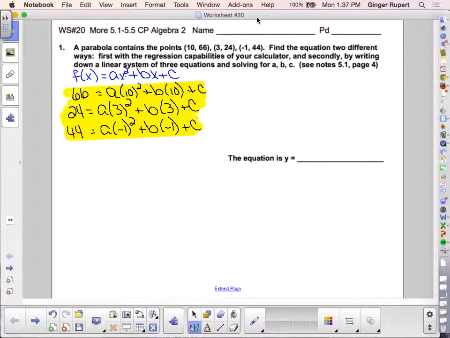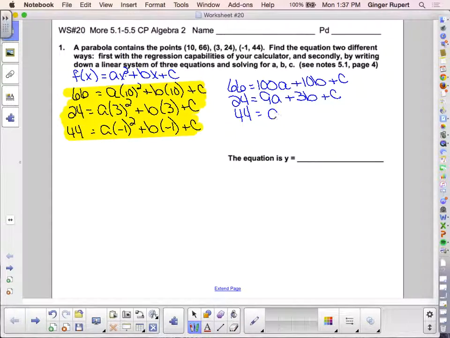So this becomes 66 is equal to 100A plus 10B plus C. Then 24 is equal to 9A plus 3B plus C. And then finally 44 is equal to A minus B plus C. So there are your three equations, three unknowns.